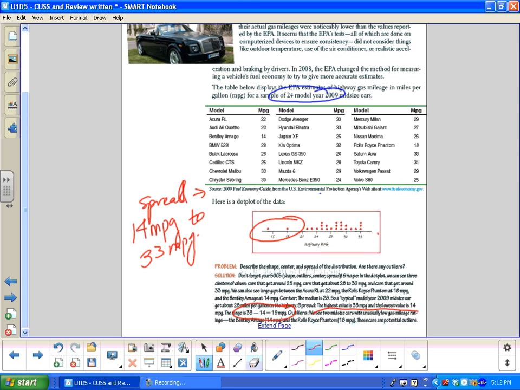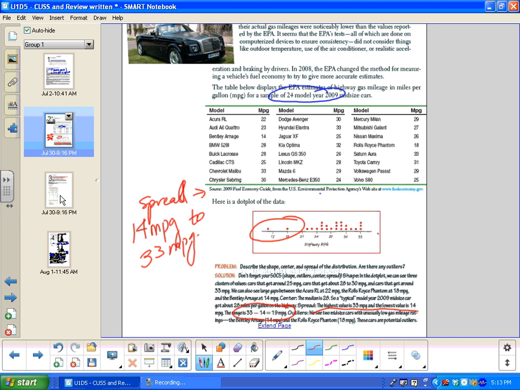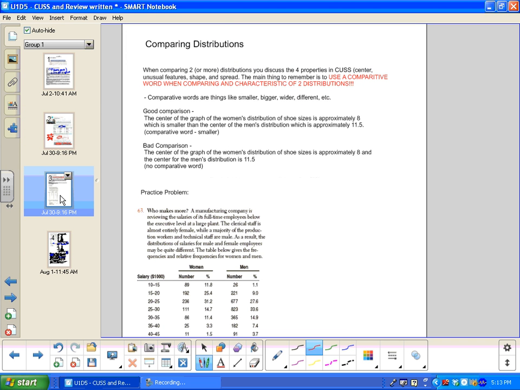Alright, so now that you see how to describe a distribution, let's talk about comparing. And I was a little adamant with you whenever I wrote this out because I always have issues. And it's not in red on your paper, but it's in red on my paper. So, when you want to compare two distributions, you want to discuss these four things that I just taught you.